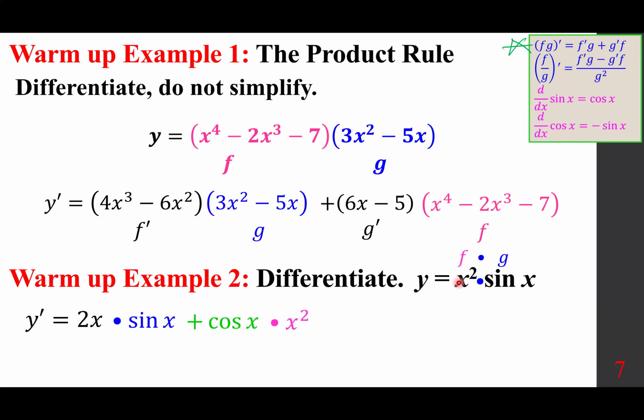And we're going to rewrite this by simply putting x squared in front because it's awkward to have this in this format. Someone may be under the assumption that means cosine of x cubed. I've seen that done, which is wrong. So you must put the x squared in front. So with a couple of warm-up examples, to make a point that the product rule is very simple. One step is that, and then there are other steps involved.